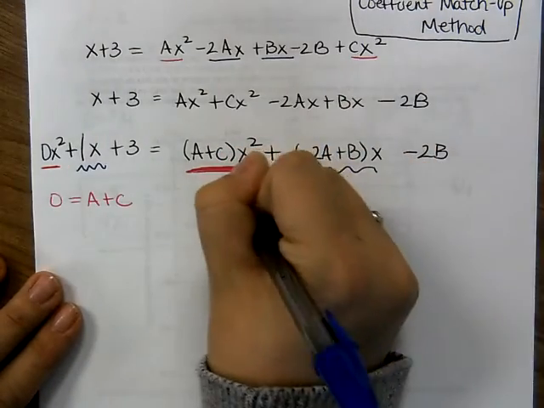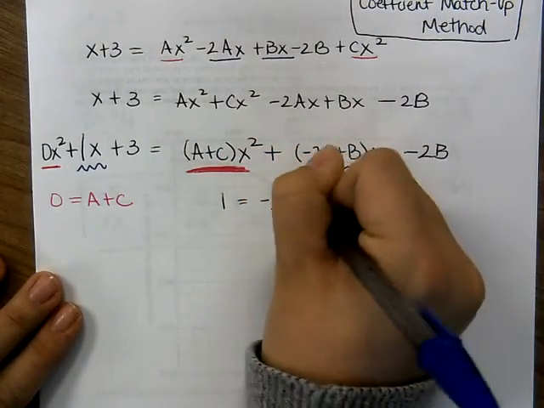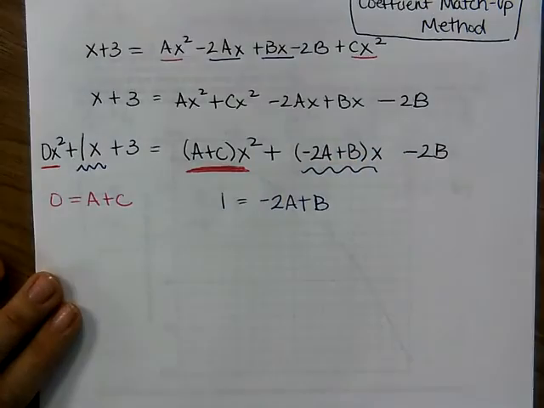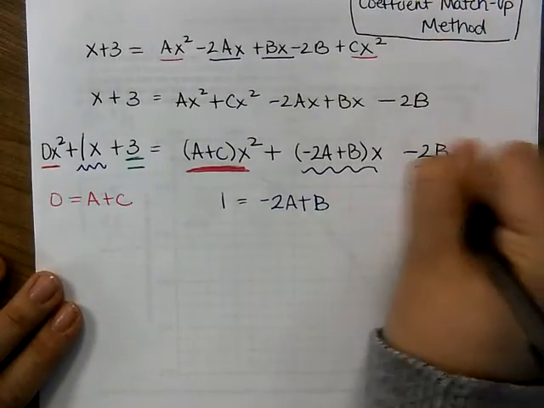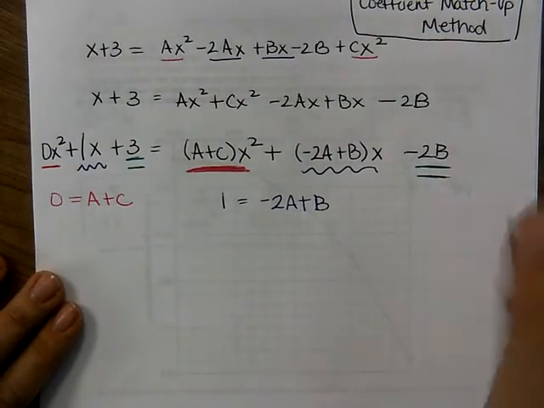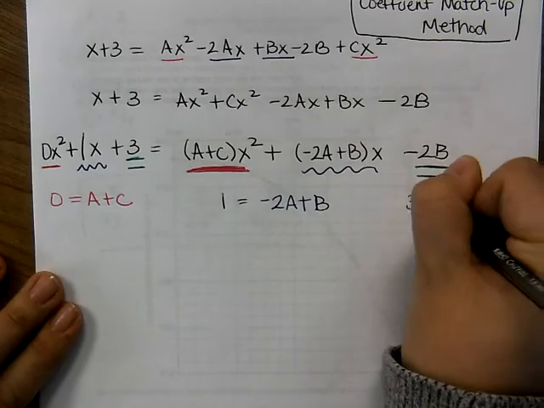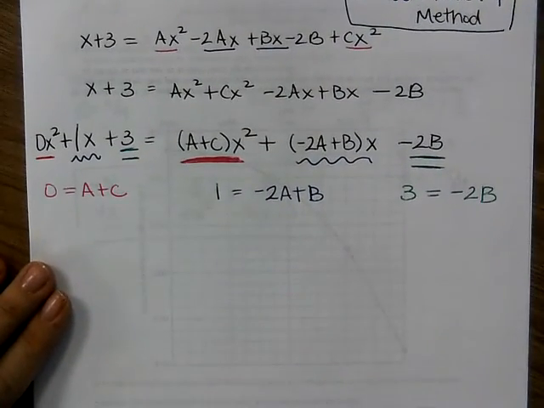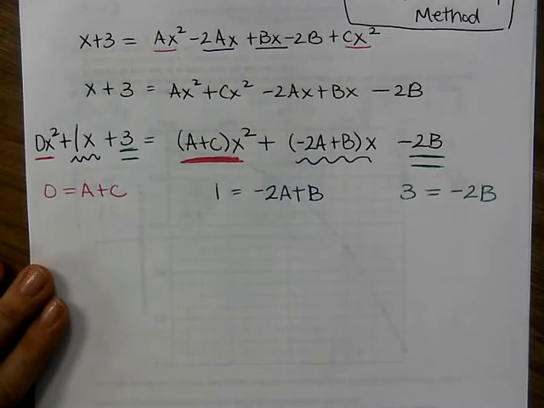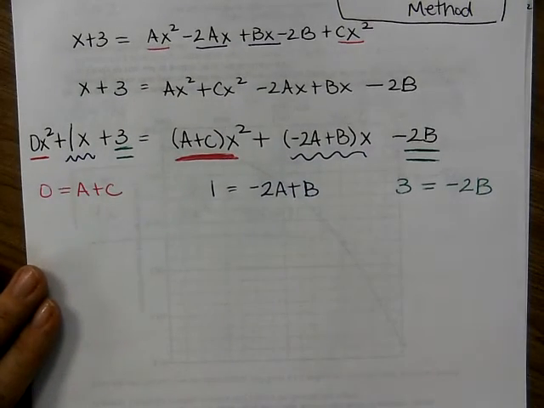So 1 has to equal negative 2a plus b. Finally, the constants have to be equal, and 3 is going to equal negative 2b. Once you've matched these up, then you can start solving.